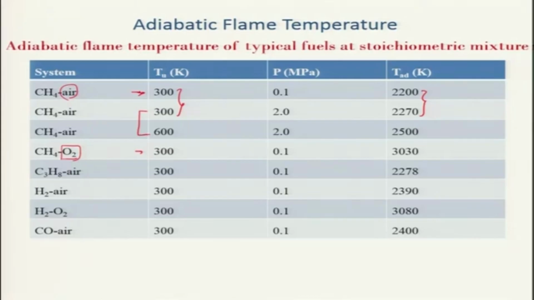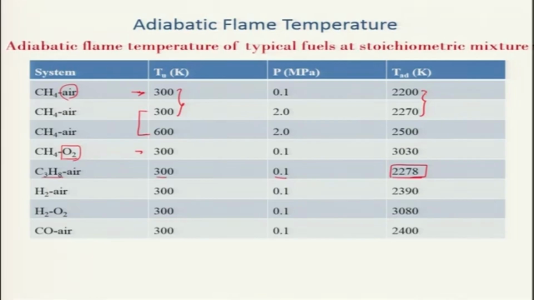And of course, when I compare this methane air at 300 Kelvin, 0.1 megapascal, you will find there is not much difference here. This is 2278 Kelvin, whereas methane air at the same condition is 2200.